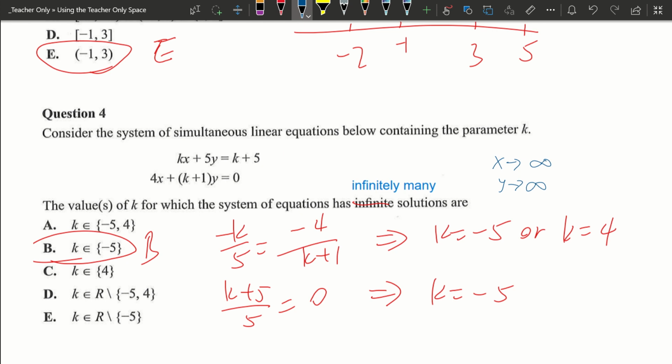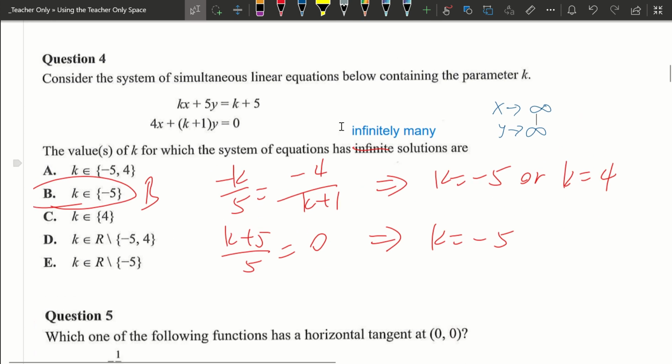Infinity is not a number. So to have a rigorous wording or phrasing in maths, they need to say infinitely many solutions. So just be aware, if you are writing maths yourself, don't make the same mistake.